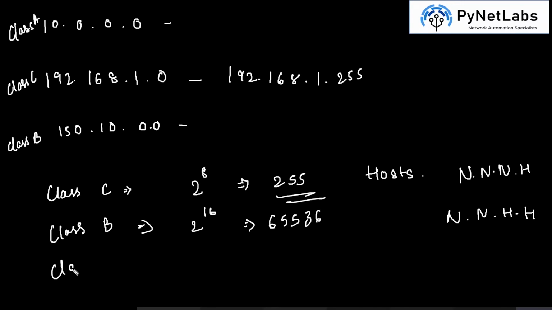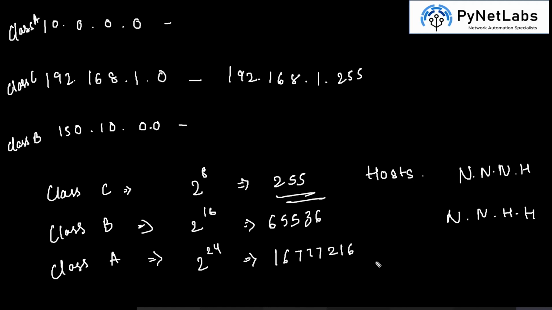And when we do the same thing for class A, we do 2 raised to the power 24. The value you get is something near 16 million. Let me get the exact value for you. So the value you get is 16,777,216.